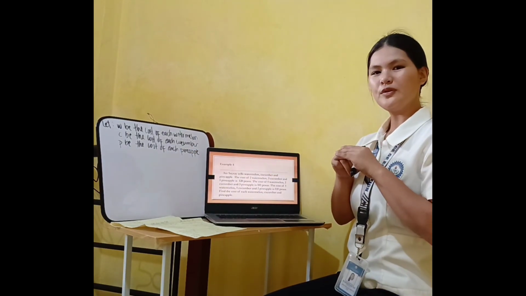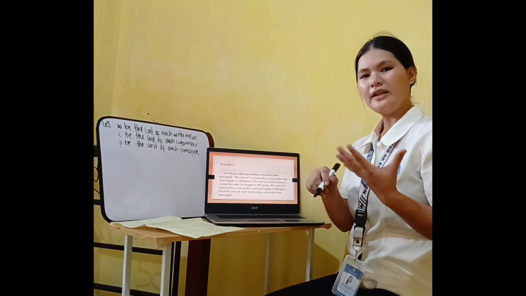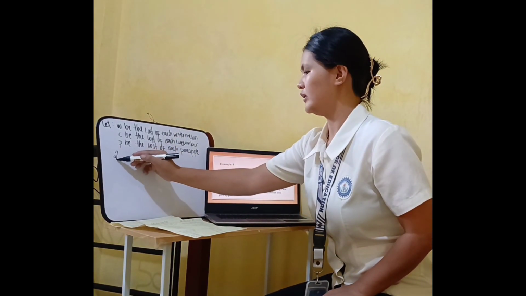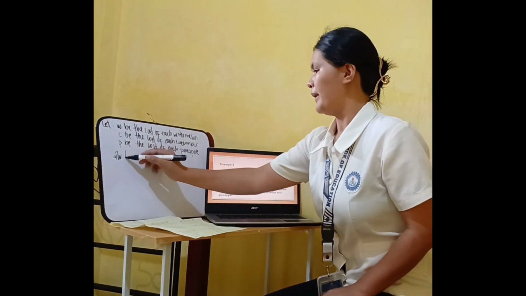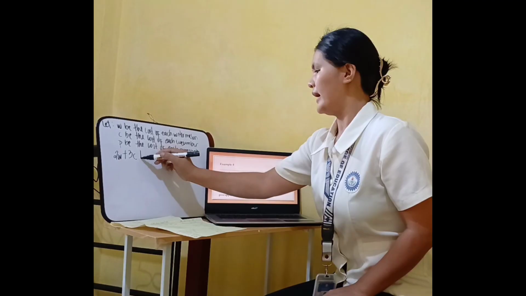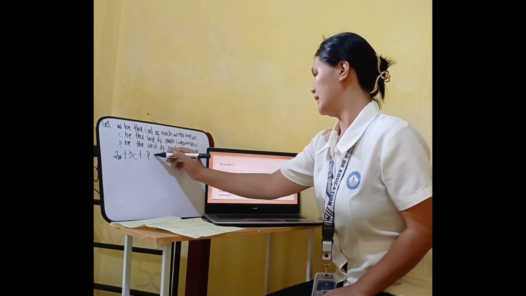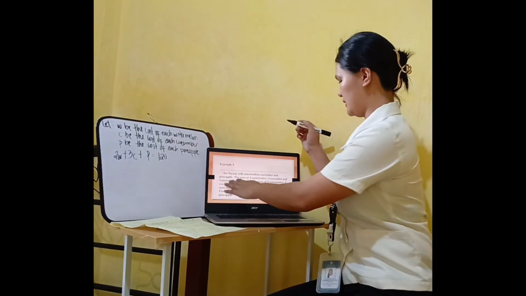So, anong susunod natin gagawin? We have to formulate our equation 1, 2, and 3. So, our equation 1 would be 2W because watermelon is 2 plus 3 cucumber plus 1 pineapple is equal to 120.